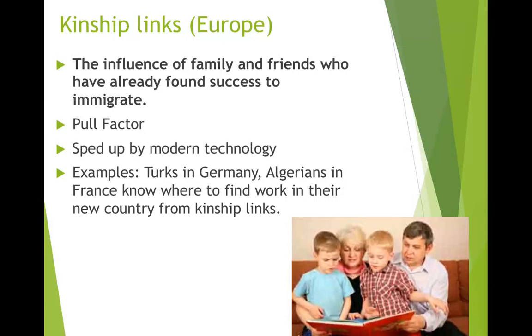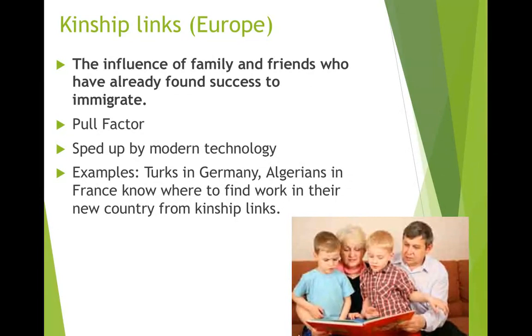When we look at kinship links, this is another one of your green slides. This is the influence of family and friends who have already found success to immigrate, and so that is a pull factor. People want to be where their family already is. The thing that's really sped up kinship links and this idea of migration with your family has been modern technology. Looking at some examples, a lot of Turks have left Turkey and gone to Germany.